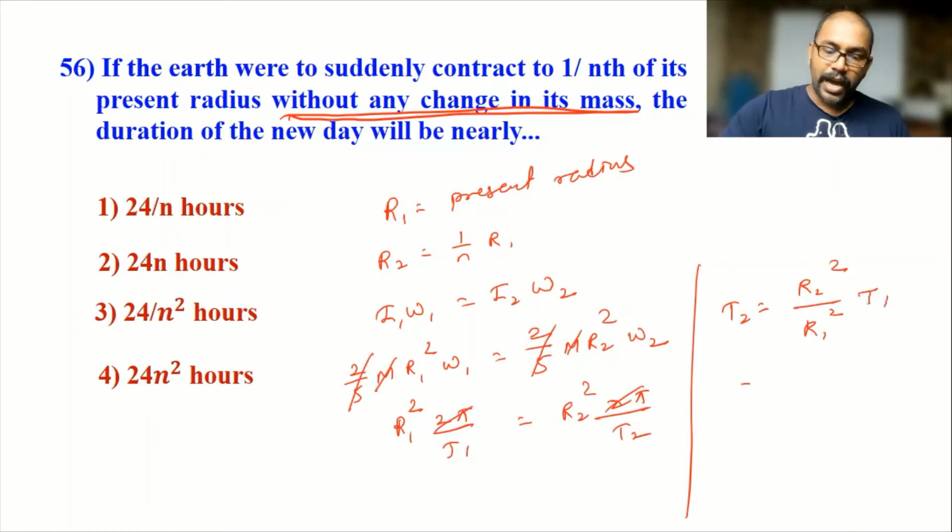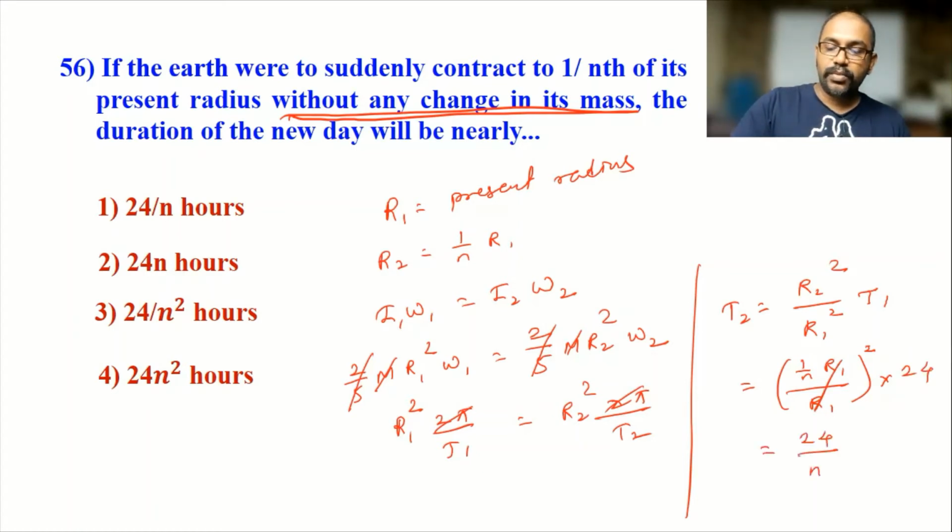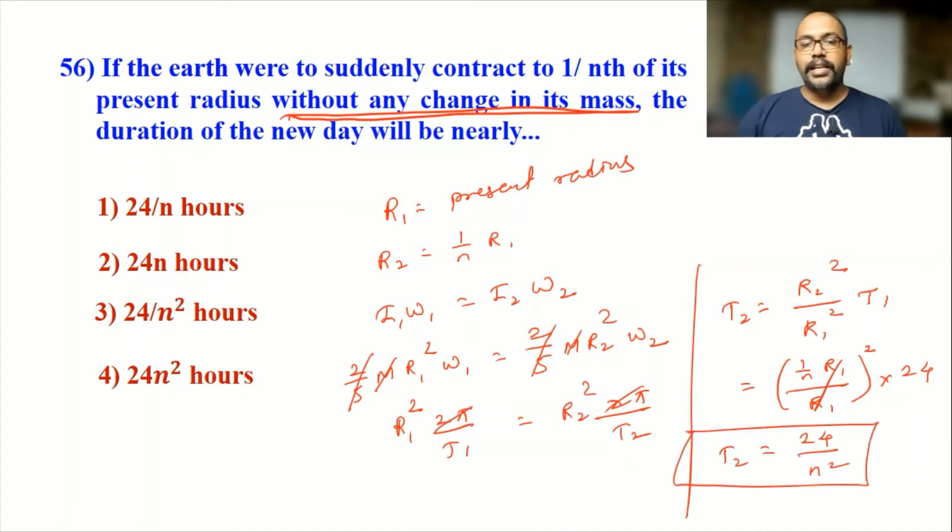Now r2 and r1 relation: you know that r2 is 1 by n r1, divided by r1, in a common bracket square, and the duration of day is 24. So 1 by n square into 24 is 24 by n square. This is the duration of the day, and it is written in option 3. So option 3 is the correct answer for this question.